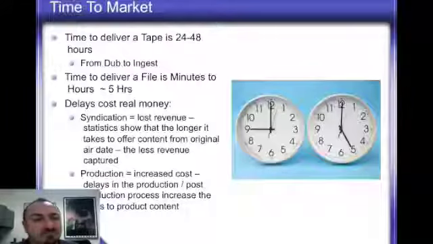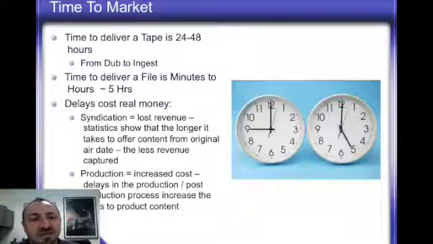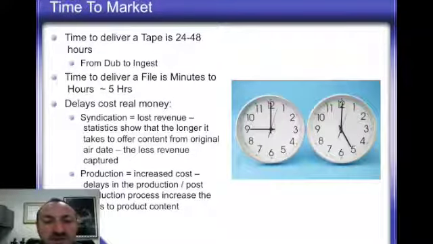And we look at delivery times that are in minutes to hours versus days. And at 5 hours, that's a 5 to 10 times improvement in terms of getting your content. And these delays cost you real money.